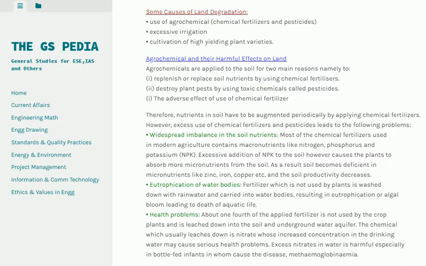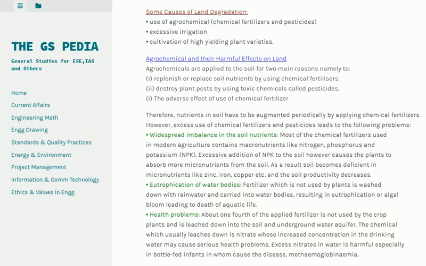Most of the chemical fertilizers used in modern agriculture contain macronutrients like nitrogen, phosphorus and potassium, NPK. Excessive addition of NPK to the soil, however, causes the plants to absorb more micronutrients from the soil. As a result, soil becomes deficient in micronutrients like zinc, iron, copper, etc., and the soil productivity decreases.